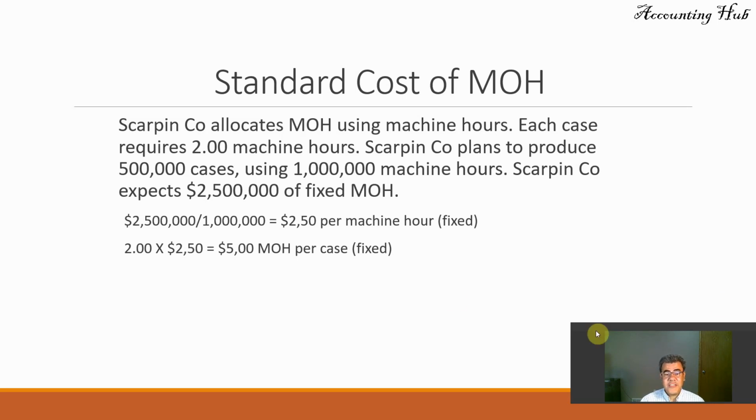So our fixed manufacturing overhead rate will be 2.5 million divided by 1 million machine hours. So $2.5 per machine hour is our, in quotes here, our price. And then our total standard cost per unit will be 2 machine hours times $2.5 per hour. So $5 per case.